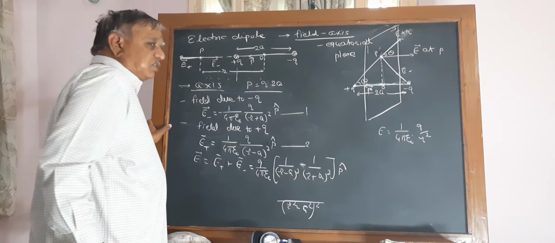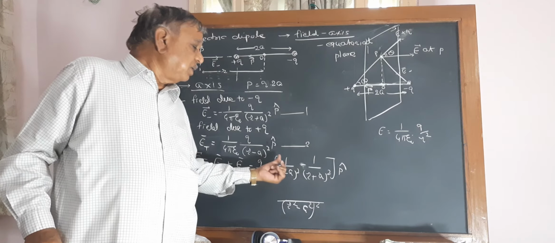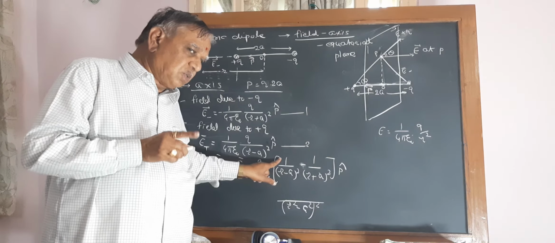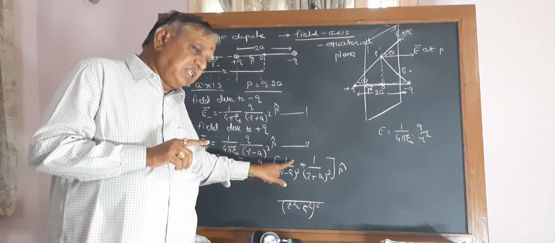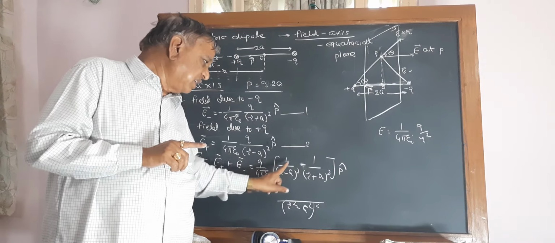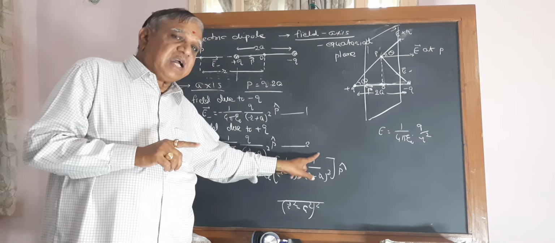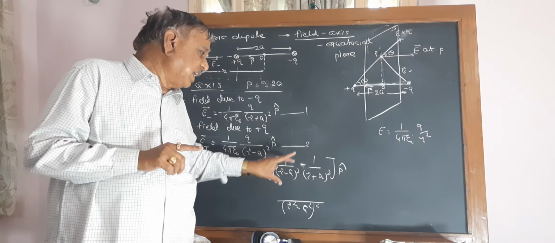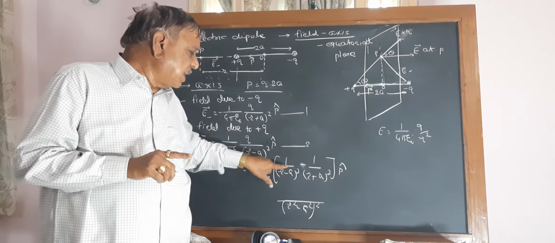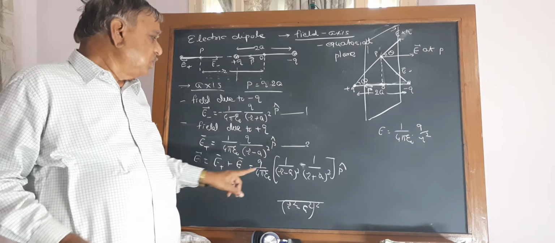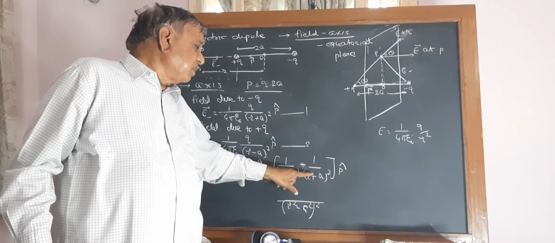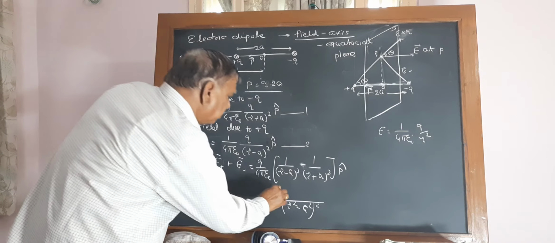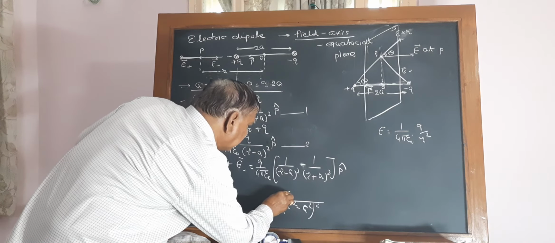In the numerator, r square plus 2ar plus a square minus r minus a whole square, the r square and a square cancel, so the total is plus 4ar.